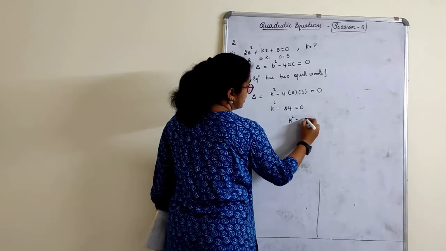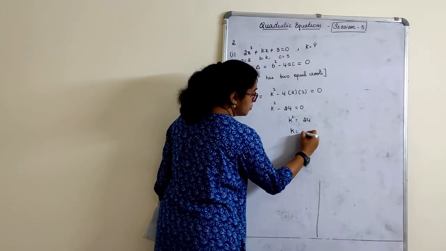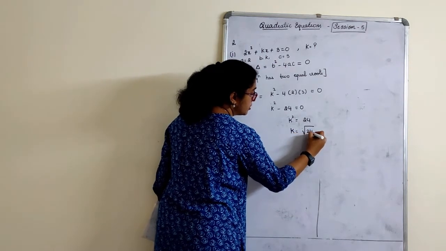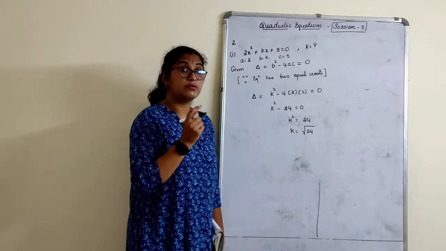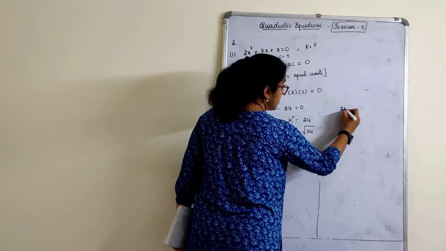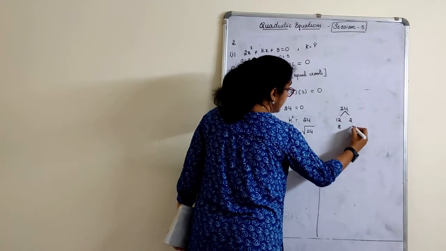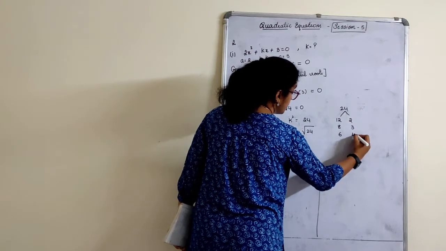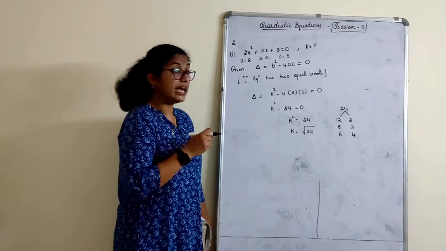k square is equal to 24. k is equal to square root of 24. Now how do you write 24? Always try to write it in terms of one perfect square and one number. 24 can be written in many ways: 12 2s, 8 3s, 6 4s. But write it in such a way that it is a product of one perfect square and one number.